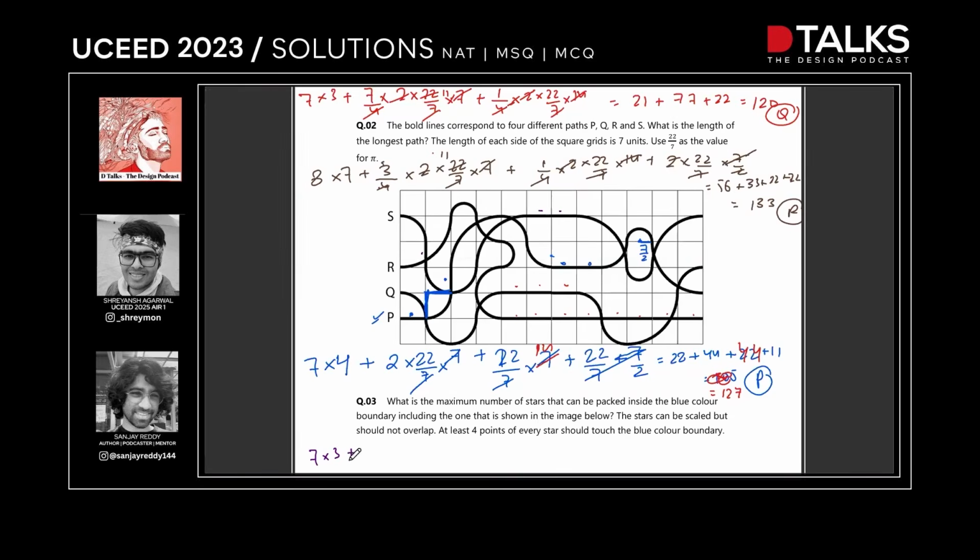So 3/4 of 2 pi r plus, let's see the big, are there any big ones? We have 1 and 2 and 3. 3 big ones. 3 into 4, 2 pi r is 14.